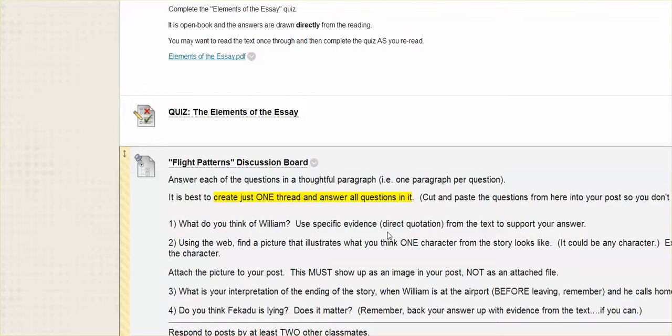We've thought about different ways that themes are working in a story, or characters develop, or how we might propose a topic and then connect it to or support it with evidence from the text. So much of that depends on close reading. So again, the discussion board is focused on Flight Patterns, but really the skill that it's having you practice is that skill of close reading and critical and creative thinking about the works that we're doing for class.